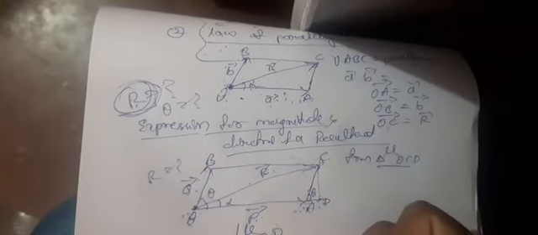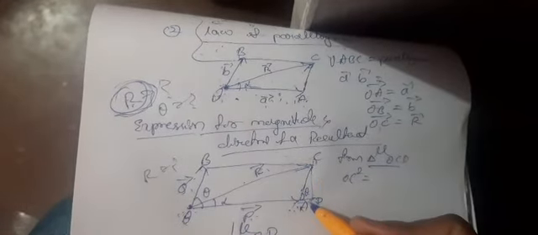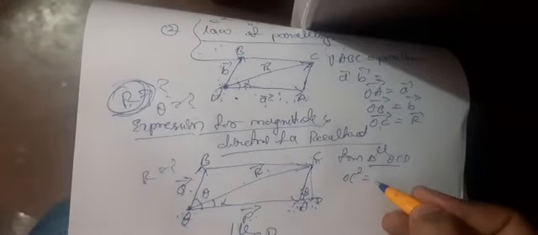What is the Pythagoras theorem? The square of the diagonal line equals the sum of the squares of the adjacent sides: OC square is equal to OD square plus CD square.